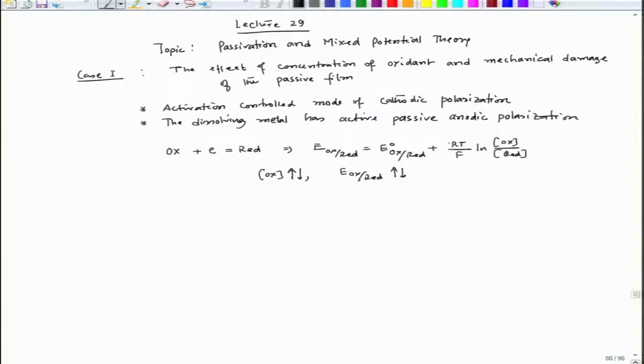So, first we will try to see the increase in concentration of ox, this is the first part, and then in the second part we will see the decrease in concentration of ox after reaching the final concentration.